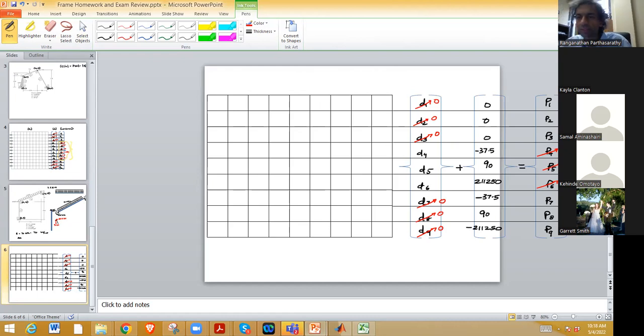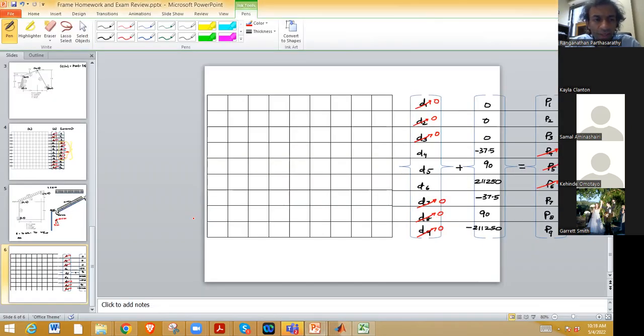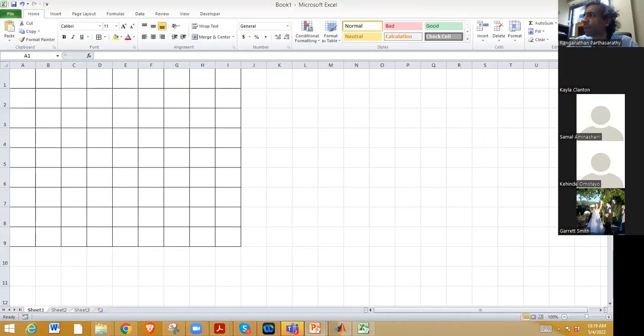So our partition should be only 4, 5, 6, right? So if you want, you can take a screenshot. Now I'll go enter in MATLAB.